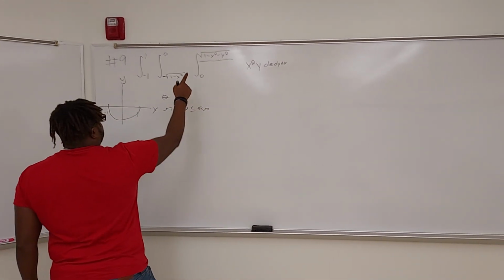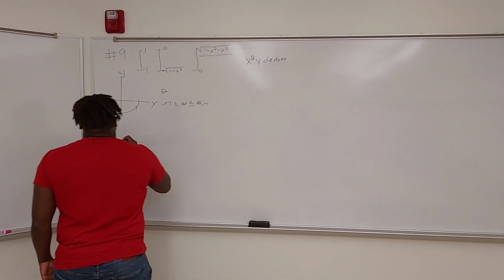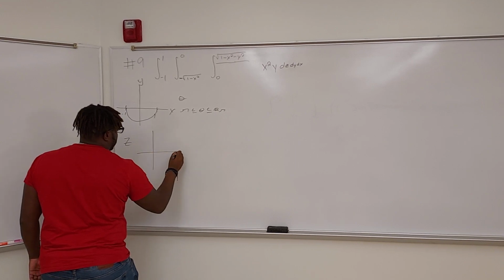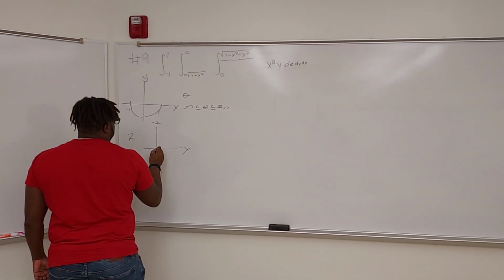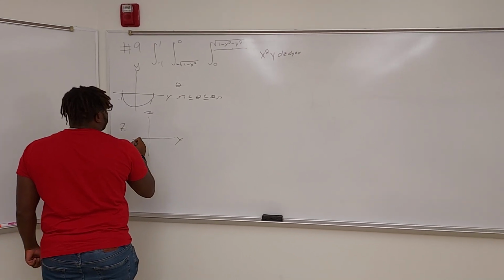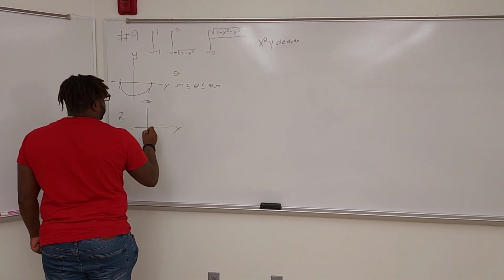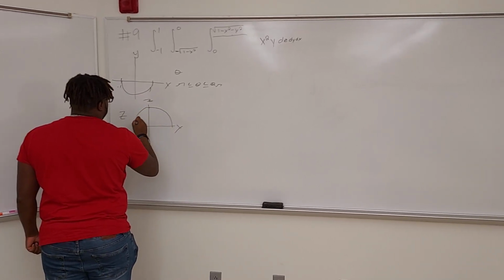And then since that's a spherical coordinate, we have to find what x is. This is y. And then we do z, and then this is 0, and then we're going to 1. And then this will be like this.